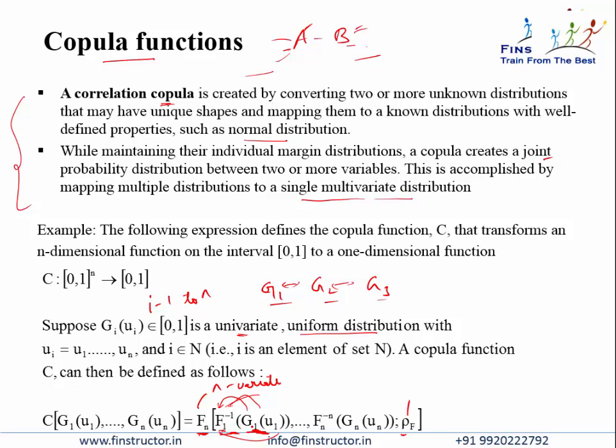The F inverse that you see is converting each of these individual distributions into a normal distribution. That is Step 1. And then we combine those normal distributions into an n-variate distribution to see the joint probability of the three variables behaving in a particular manner and giving us the probability of particular outcomes.